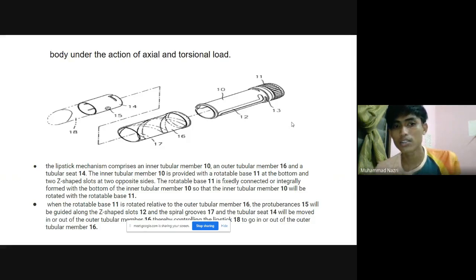So when the rotatable base is rotated with the outer tubular member, the protuberance will guide along the Z-shaped slot and the spiral groove, and the tubular seat will move in or out of the outer tubular member, thereby controlling the lipstick to go in or out of the outer tubular member.